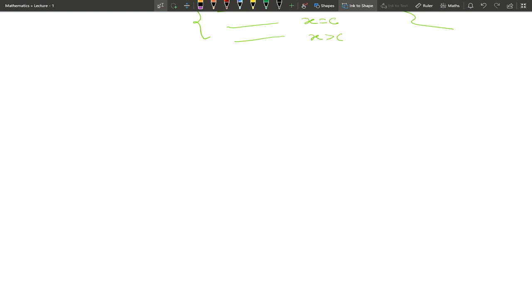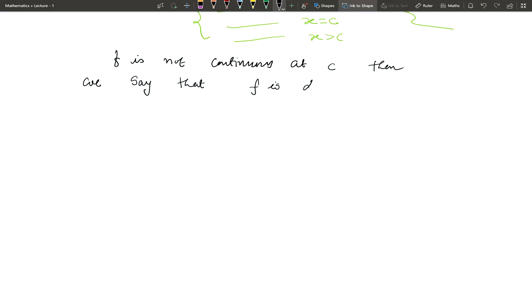If function is not continuous at c, then we say that f is discontinuous at x equal to c.